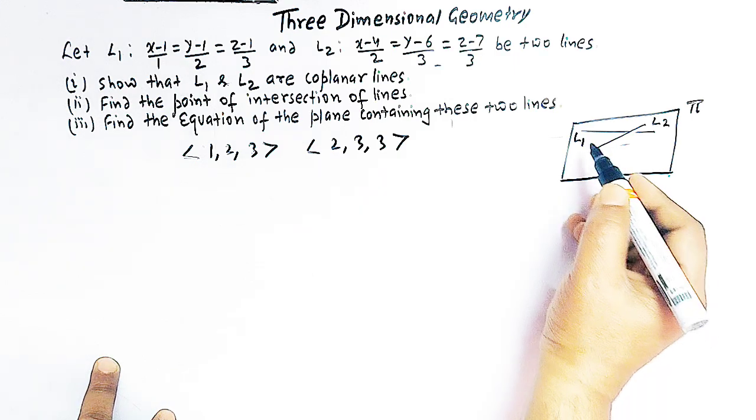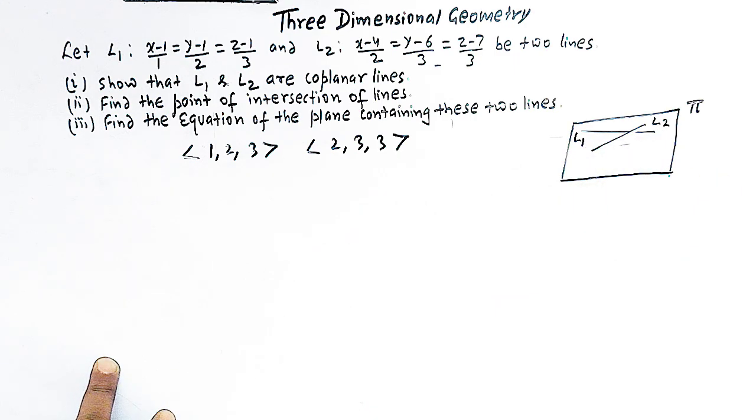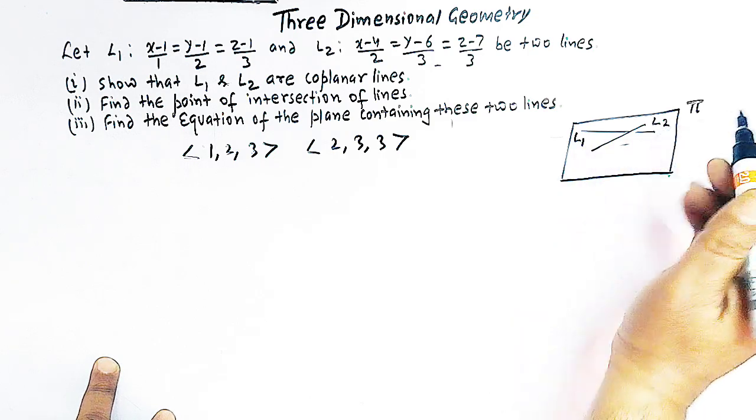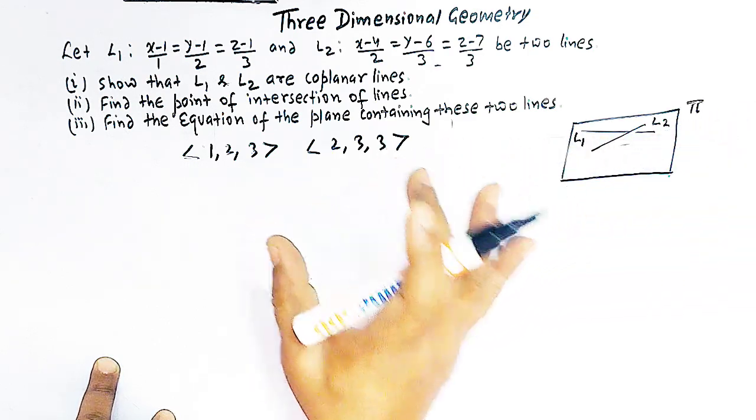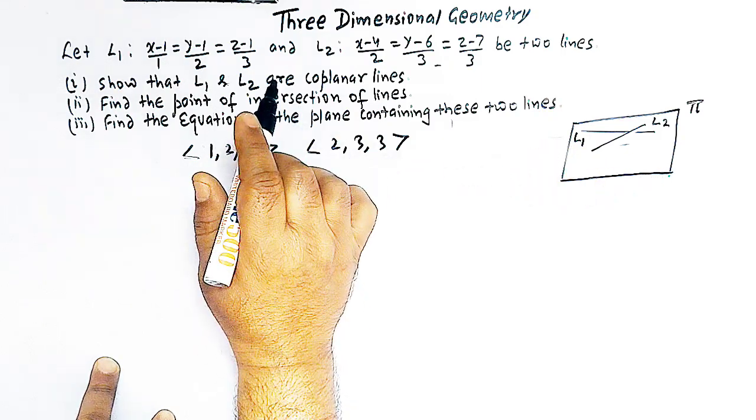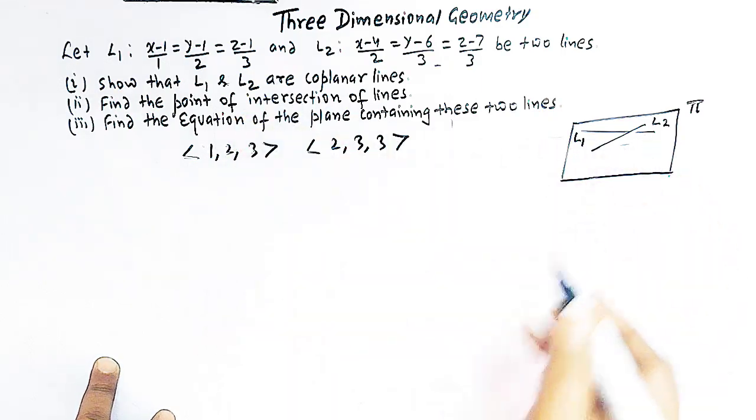So it means L1 and L2 are not parallel lines. But L1 and L2 lie on the same plane, and since they are not parallel, these two lines must be intersecting.